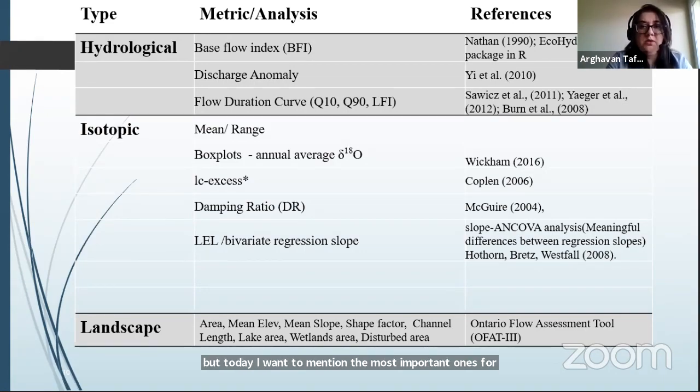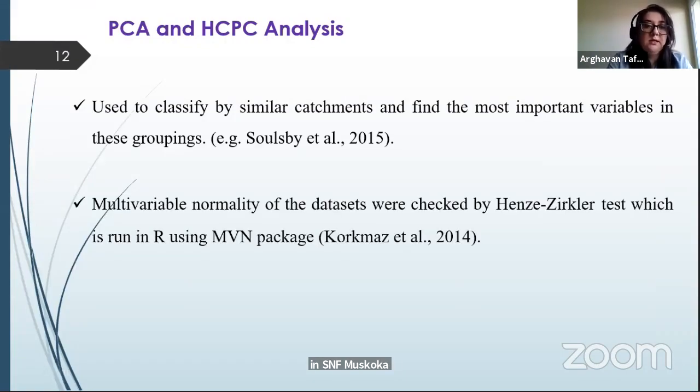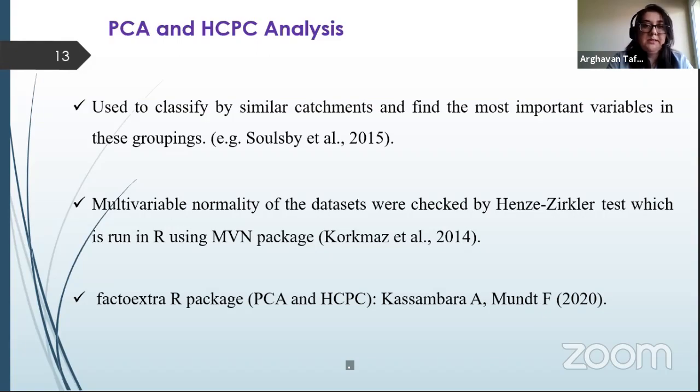For classifying my 27 catchments in SNF and Muskoka, I used PCA and HCPC statistical analysis. Before using this analysis, I examined multivariate normality of my datasets by the Henze-Zirkler test, and I used the MVN R package for doing this. Also for PCA and HCPC, I used the factoextra R package.